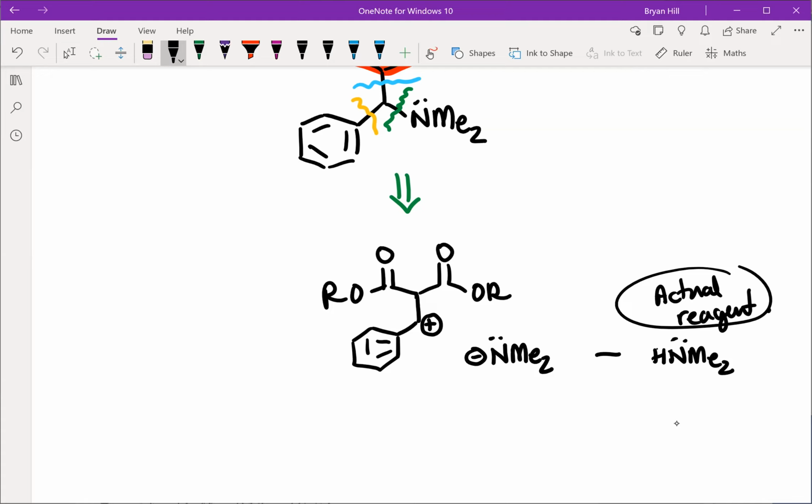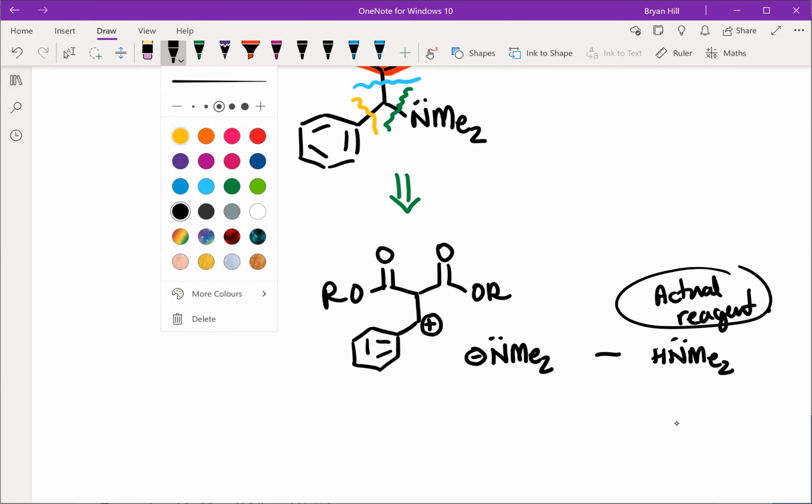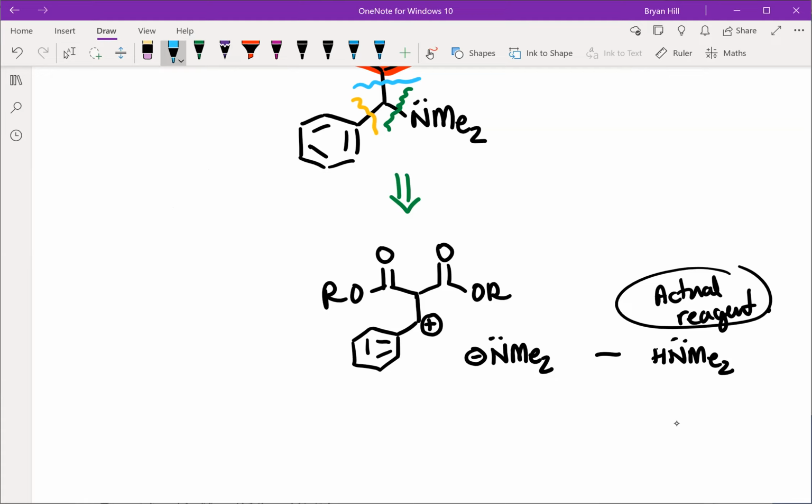What are we going to use for the electrophile? What would be the best reagent for this? What are some possibilities that we could use? Could you do a substitution reaction, like an SN2 type thing?